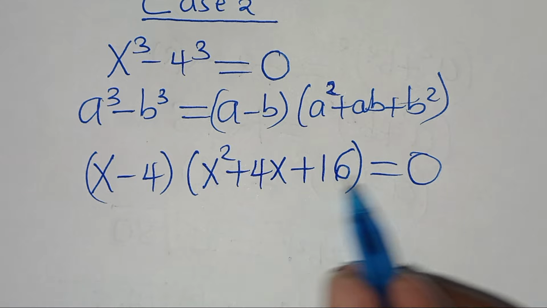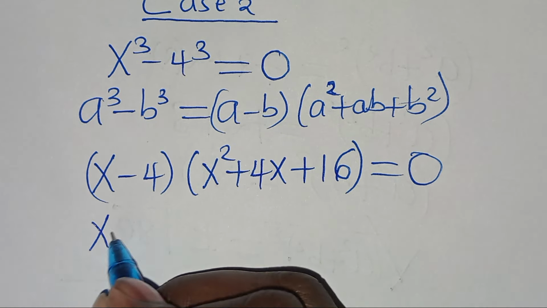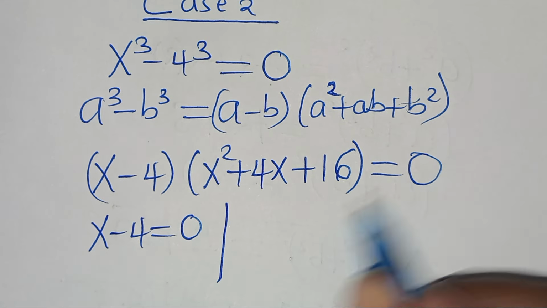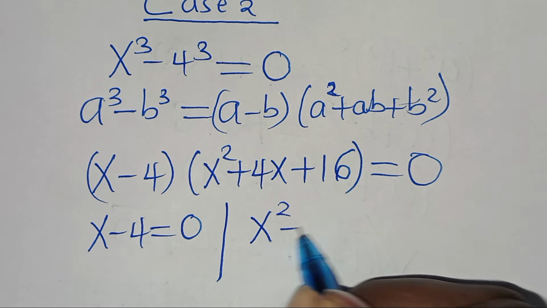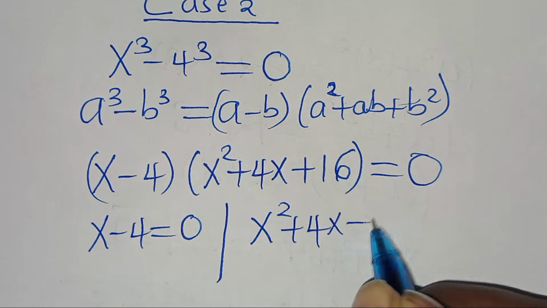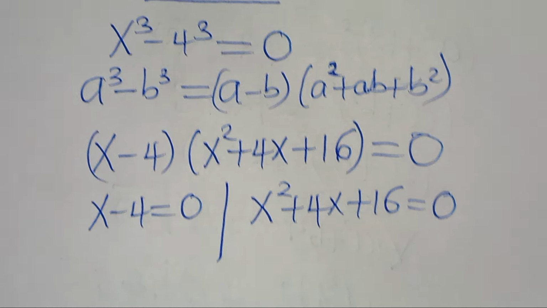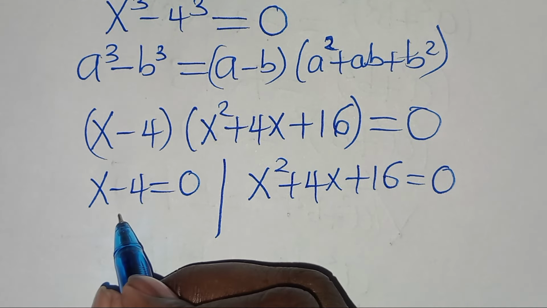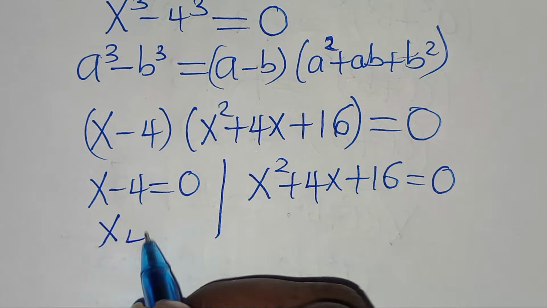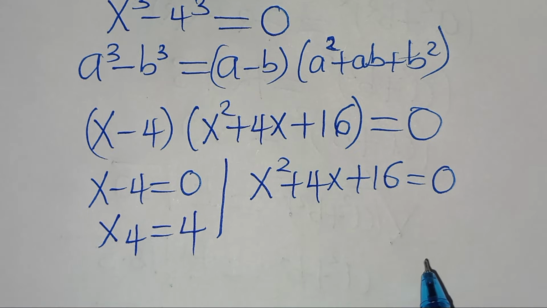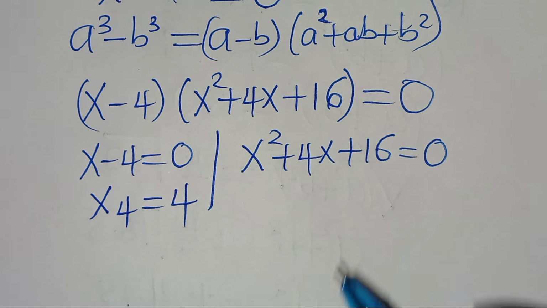So from here, we have two parts. The first part is x minus 4, this is equal to 0. The second part here is x squared plus 4x plus 16, this is equal to 0. So we have that x4 here is equal to 4.